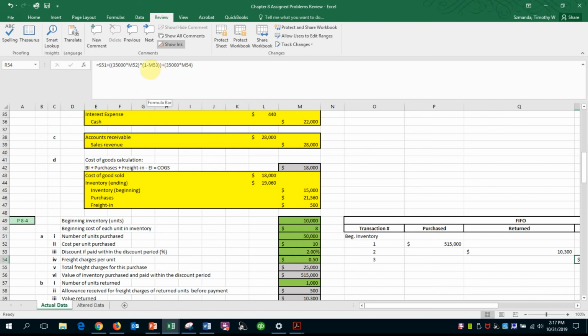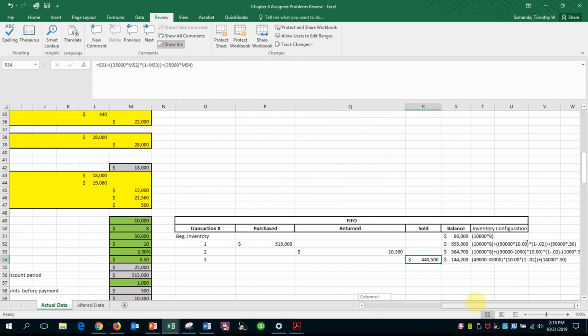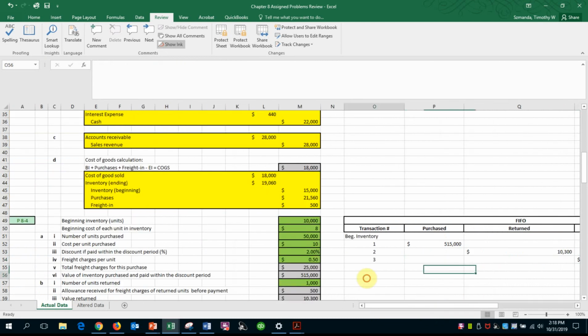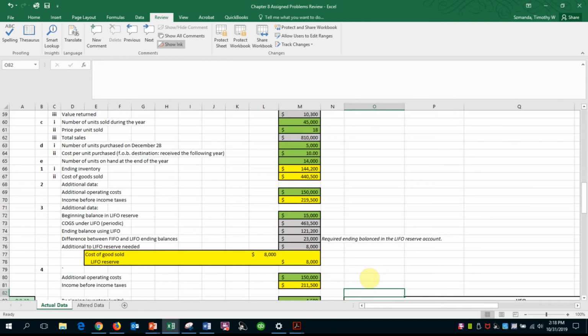And then we need to net out the cash discount because we paid early. And then finally we're going to add in our freight of the 35,000 units times 50 cents a unit for freight. And again, the cash discount does not apply to freight. So that is our total cost of goods sold under FIFO. And that's the value that is included down here when we calculated our total income before income taxes.